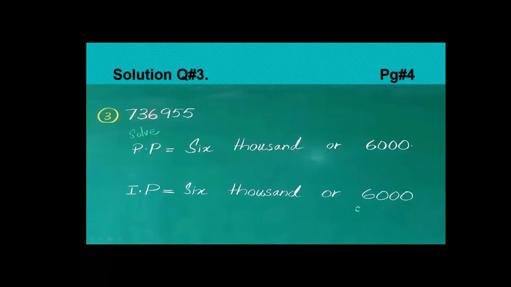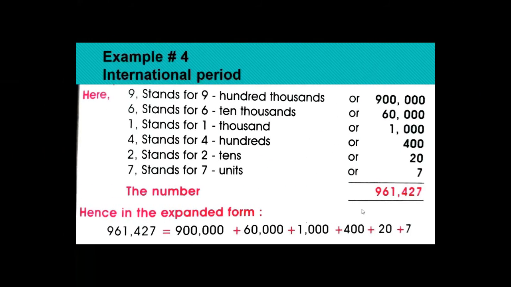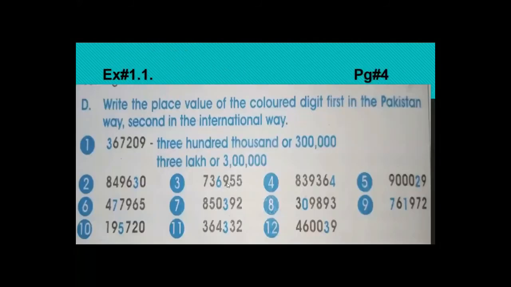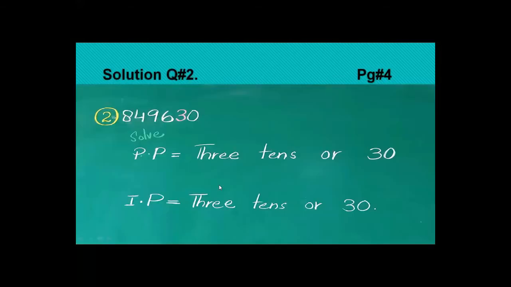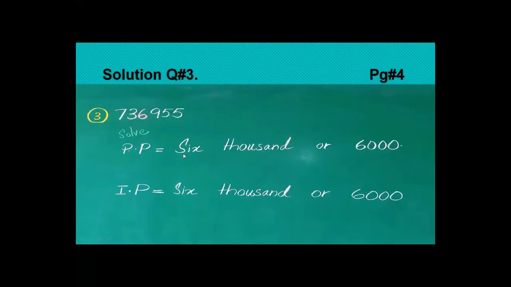Question number 3 is also done for you. Here you see which digit is colored? Units, tens, 100, 1000. 6 comes at the place of 1000. 6 is colored here. So here you just write the place value of the colored digit in both the Pakistani and international way.